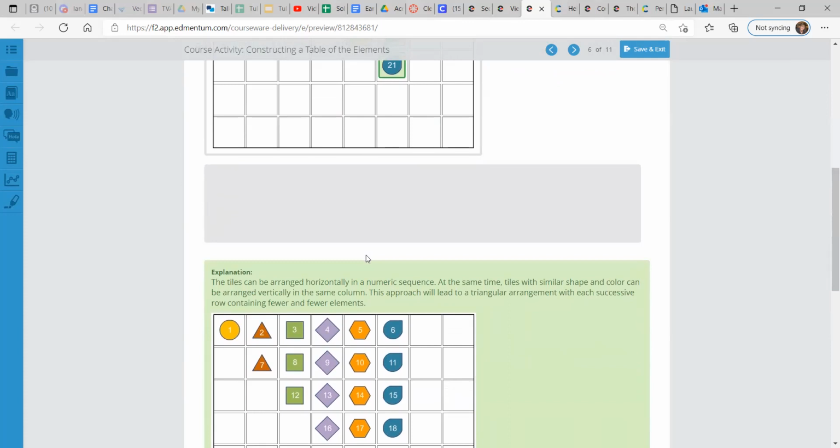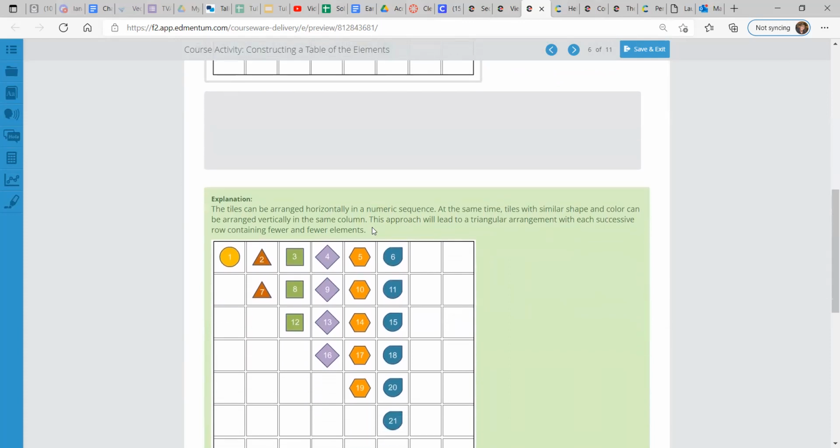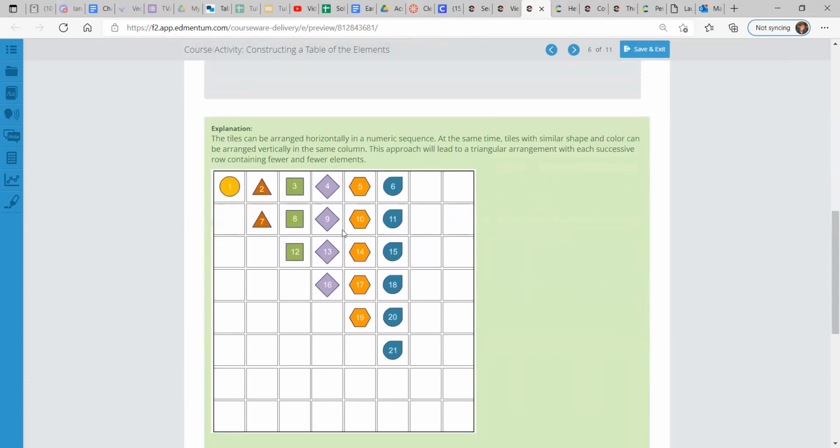At the same time, tiles with similar shape and color can be arranged vertically in the same column. This approach will lead to a triangular arrangement with each successive row containing fewer and fewer elements.